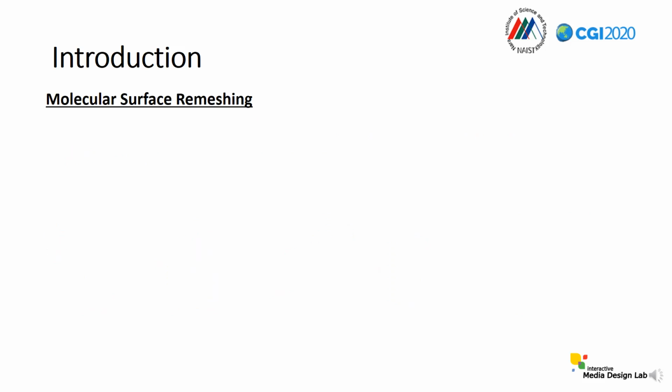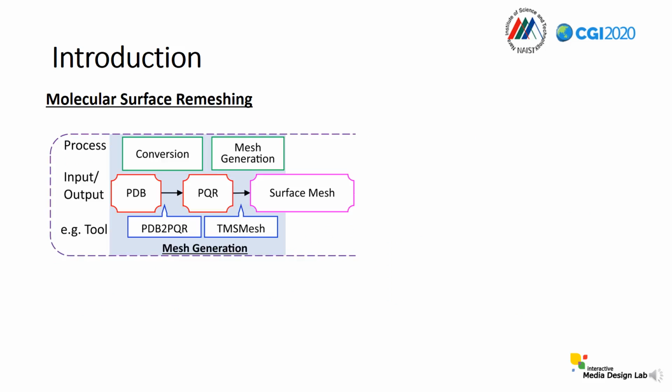So about the process of molecular surface remeshing, we download the data from the online PDB, Protein Data Bank, which is available online, and then we convert it to PQR format. And then there are different mesh generation methods that generate surface mesh from protein data in PQR format.